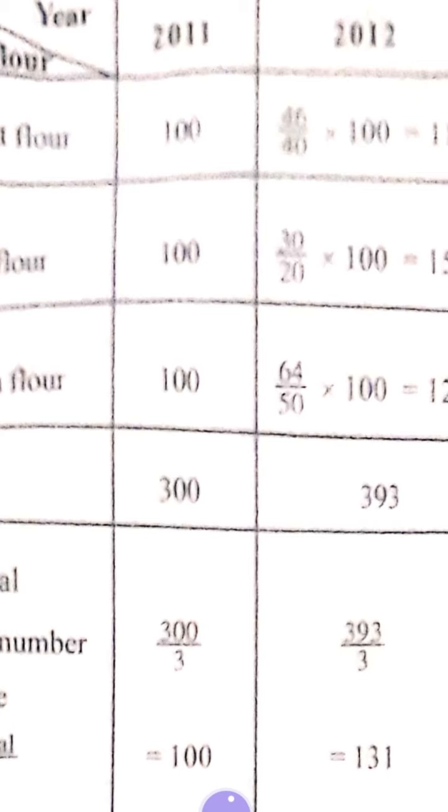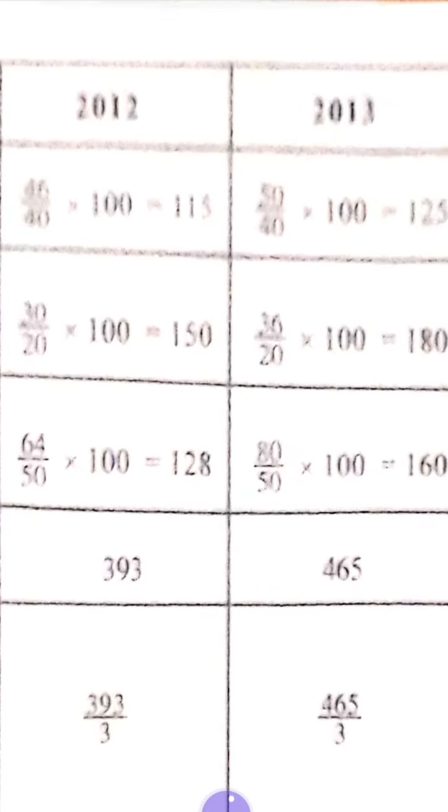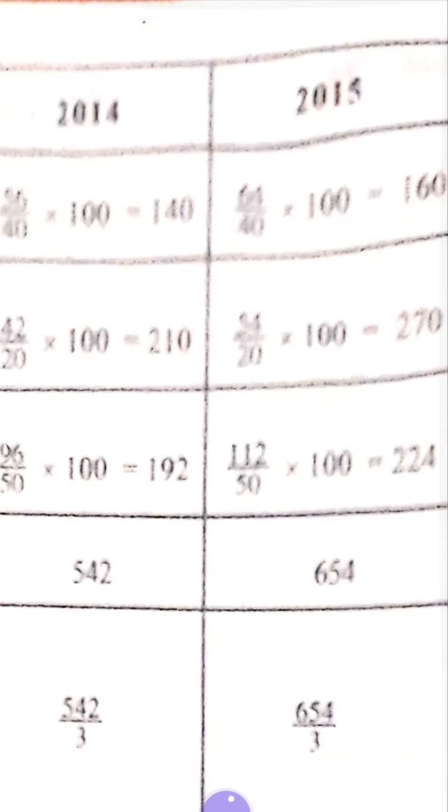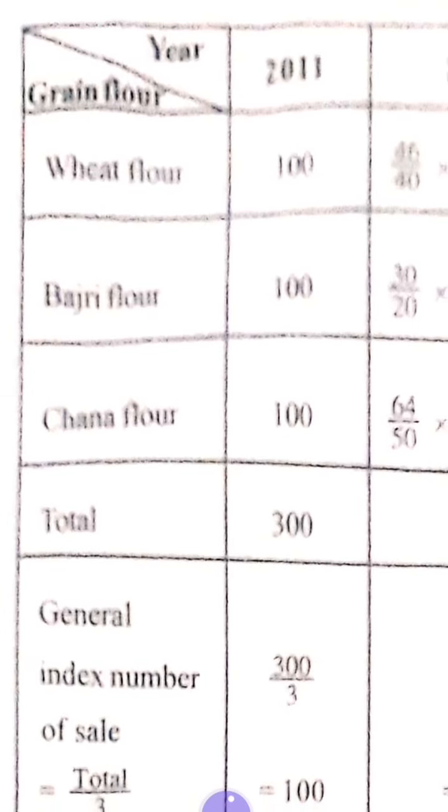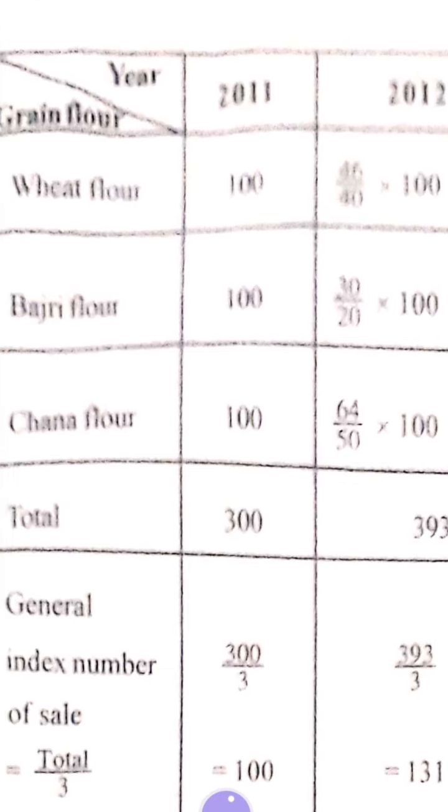Now after finding all the index numbers in this way, for each and every year for all those three items, you are going to add them. Add them how? See, over here the total has been given to you. That is 100 for wheat flour, 100 for bajri flour, 100 for chana flour.